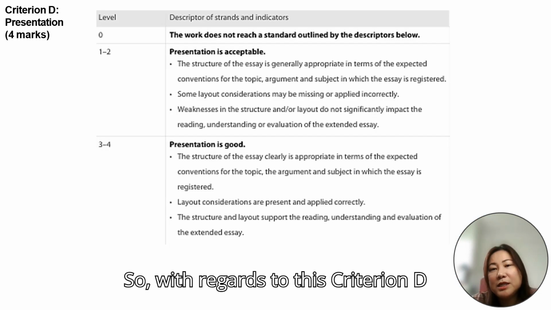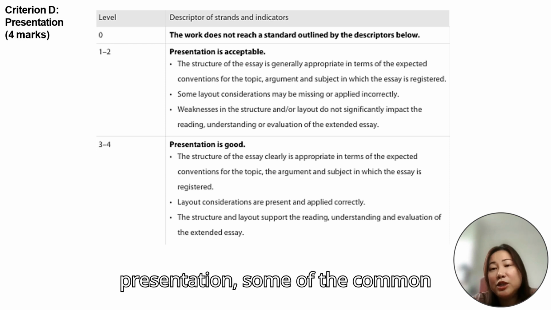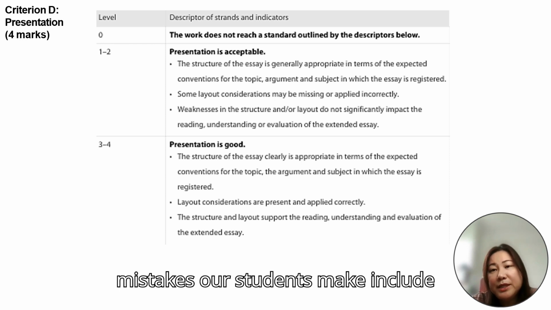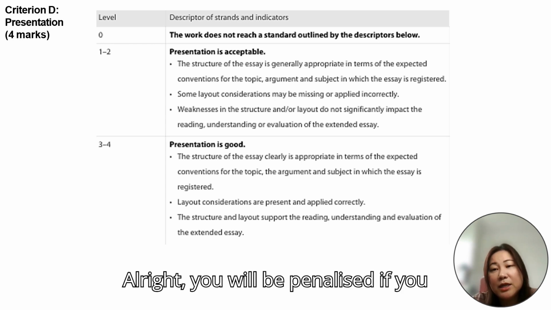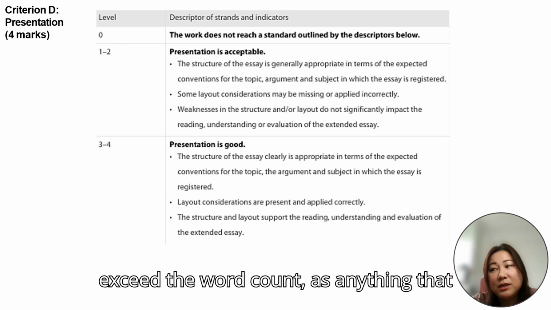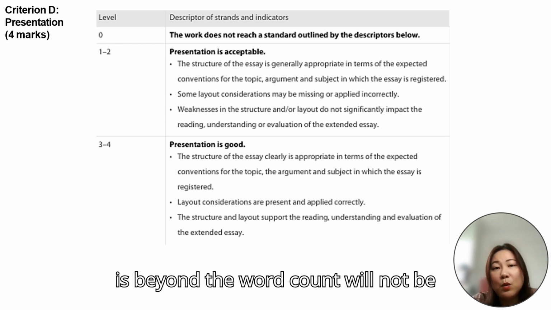So with regards to this criterion D presentation, some of the common mistakes our students make include exceeding the 4,000 word count. Alright, you will be penalized if you exceed the word count, as anything that is beyond the word count will not be marked.